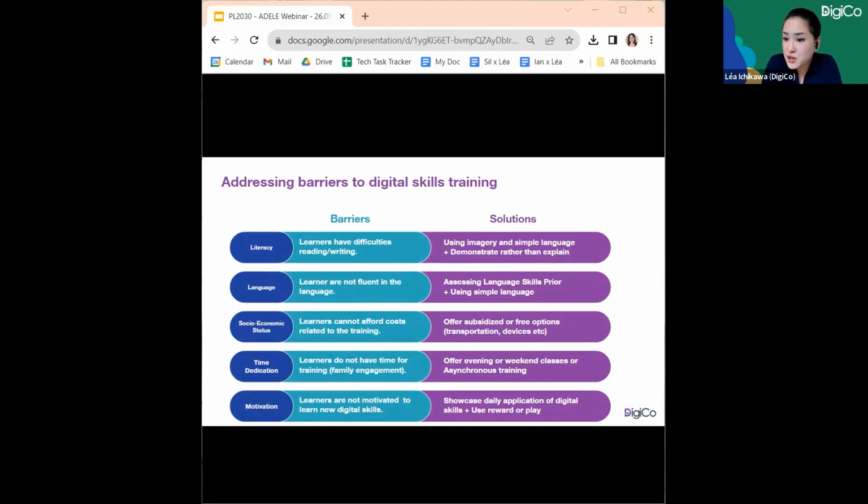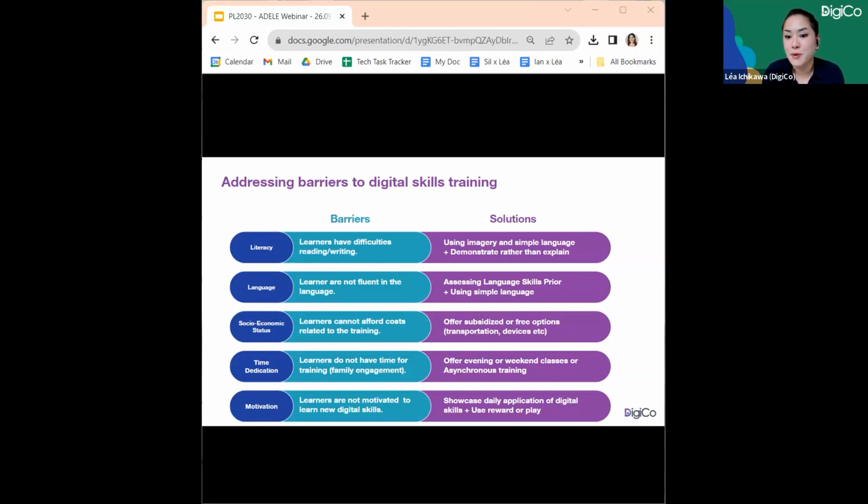We have, for example, literacy problems, people who cannot read or write, language problems, socioeconomic status, time dedication, motivation. I already discussed a few of those. And then the most important for me is actually the solution side, because of course we're talking about the digital skills gap, but our end goal is digital inclusion, right? That everyone has digital skills.